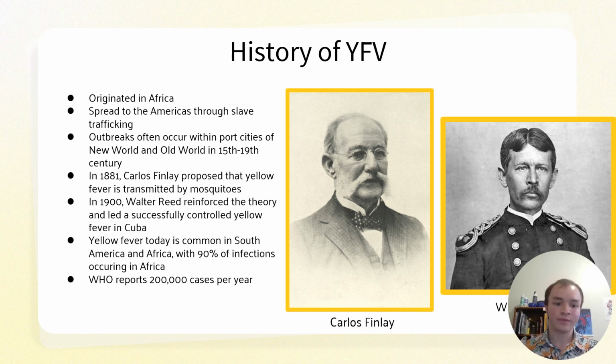So yellow fever today is still primarily concerned in Africa and South America, with 90% of infections occurring in Africa, and the World Health Organization reporting 200,000 cases per year.